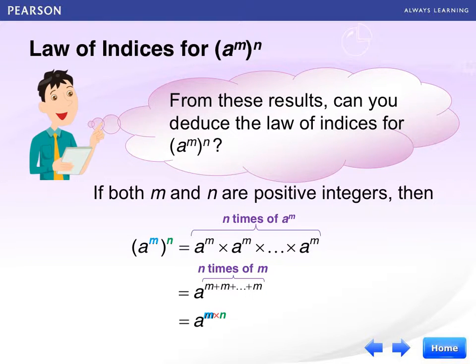When a to power m is raised to power n, that means a to power m is multiplied by itself n times. By the index law, you sum the m, n times. As a result, the power is m times n, so the result is a to power m times n.